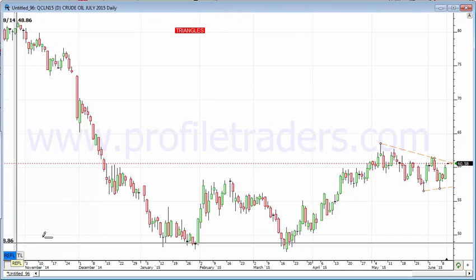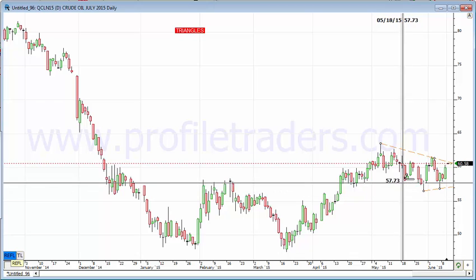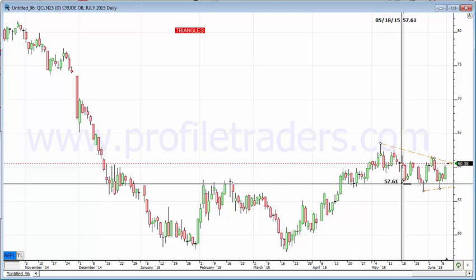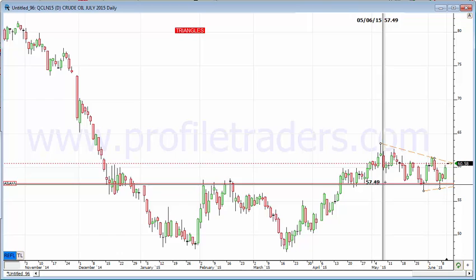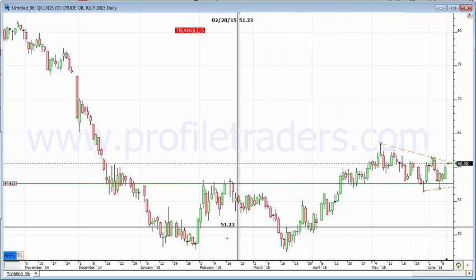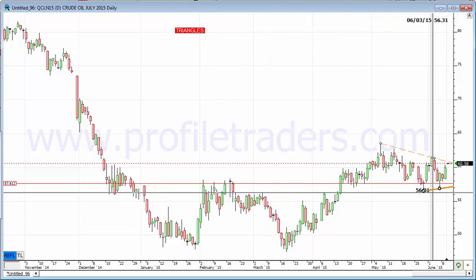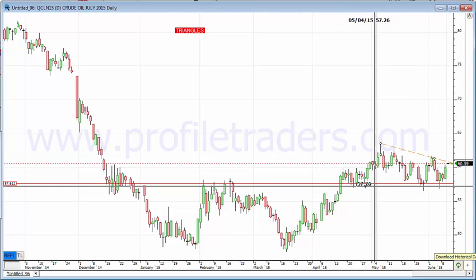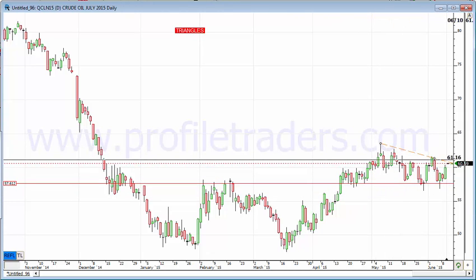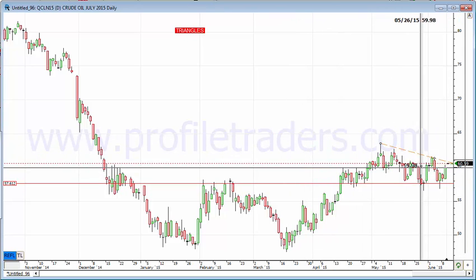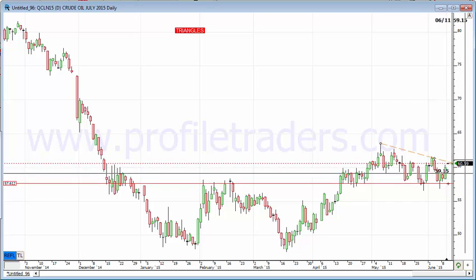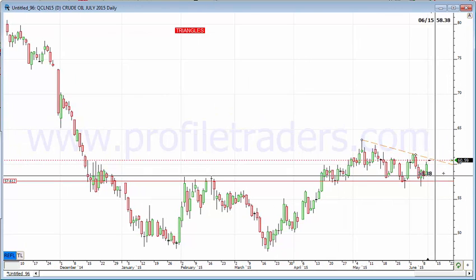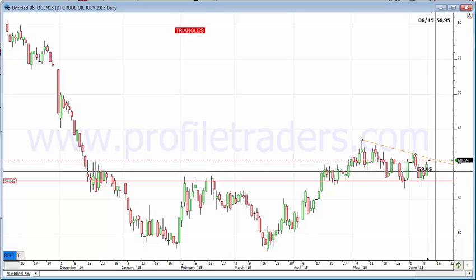So I'm going to figure out if there is a price that has been tested enough and did hold, and that is 57.60. So I would delete this, and then I would have a triangle formation which has a flat bottom and a descending top. That means something is about to happen because we are reaching the end of this battle.